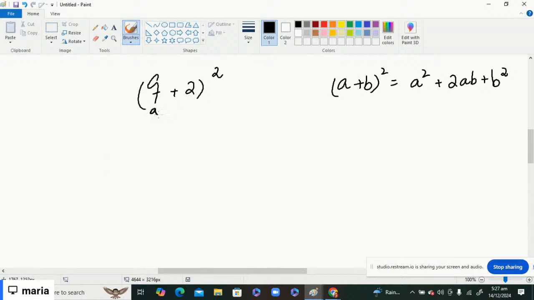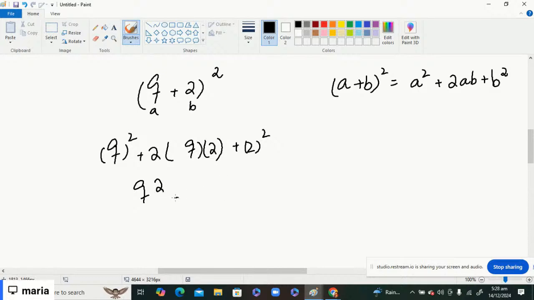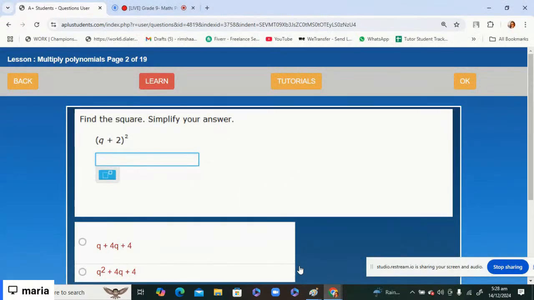For example, this is A and this is your B. So first A square, then B square, then plus 2A and B. Open this and solve it, and then tell me the final answer. This is 4 Q square plus 4Q plus 4. That is the answer: Q square plus 4Q plus 4.